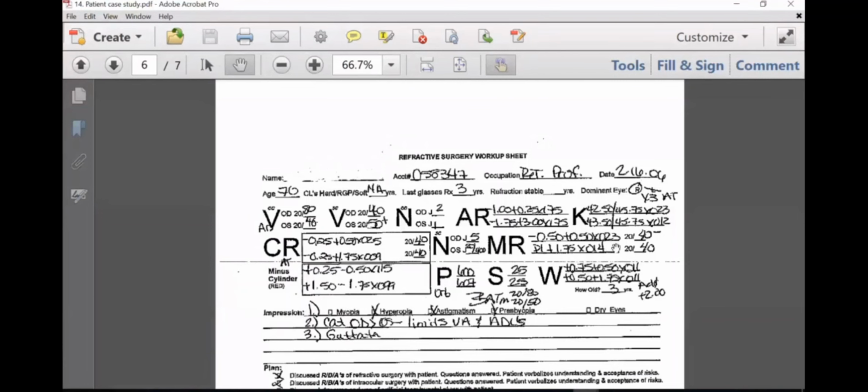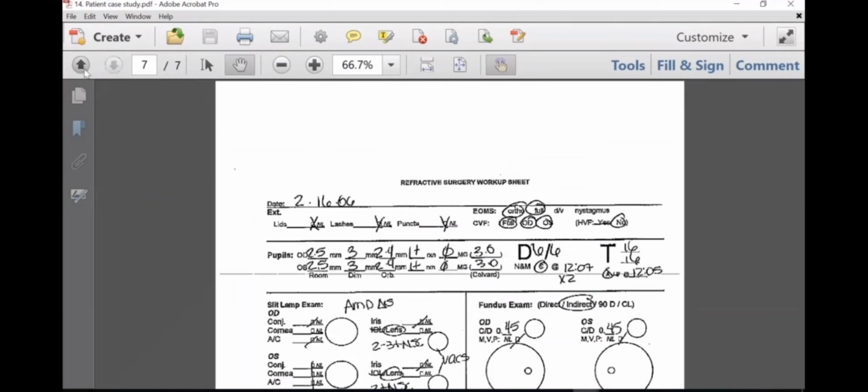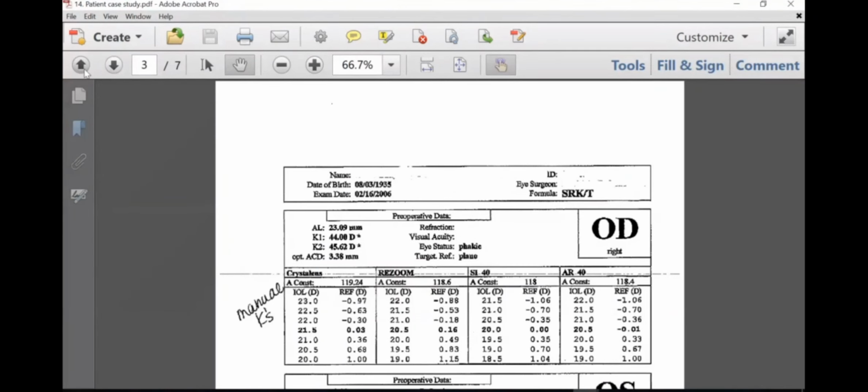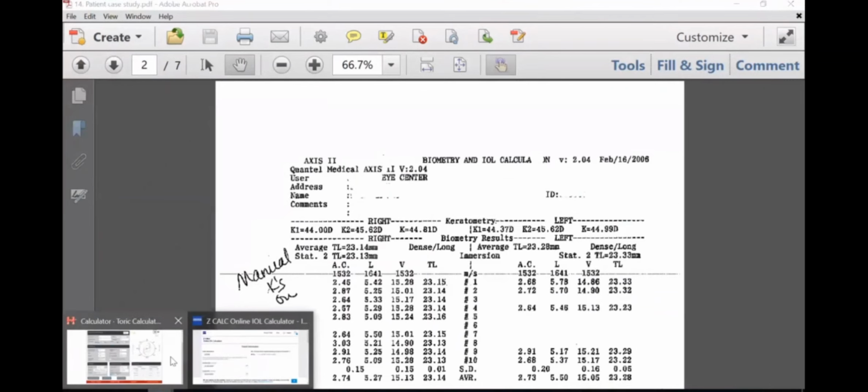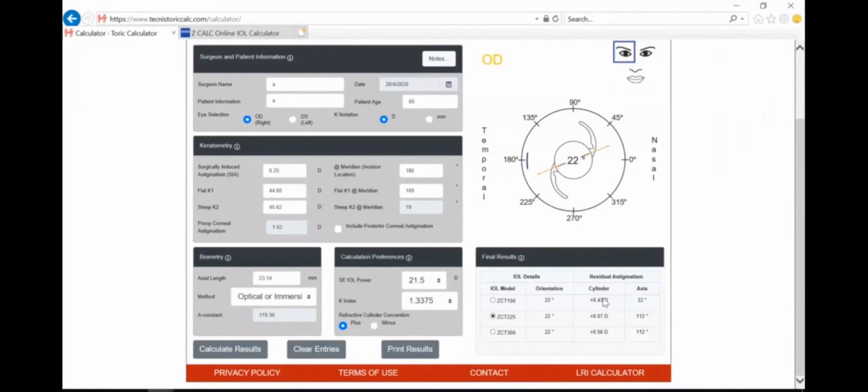Is it fully correcting or not fully correcting the actual amount of astigmatism? So if the spectacle correction was not fully correcting it, they may choose not to fully correct the astigmatism, right, like this. So the other consideration is the shift in astigmatism.